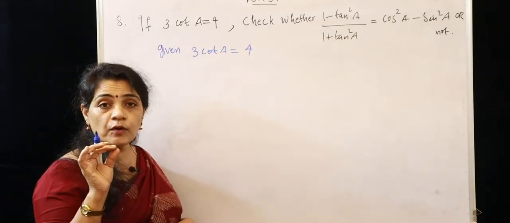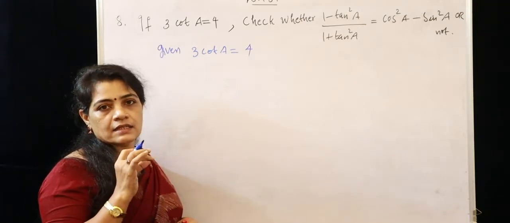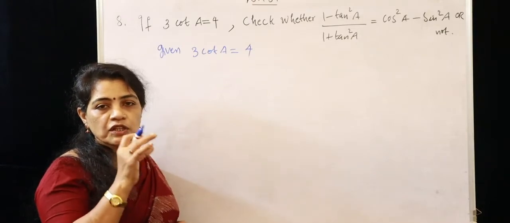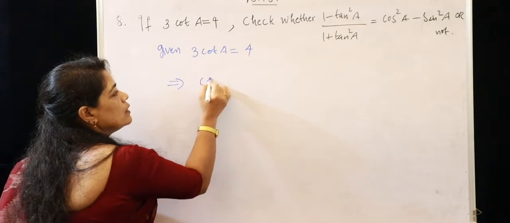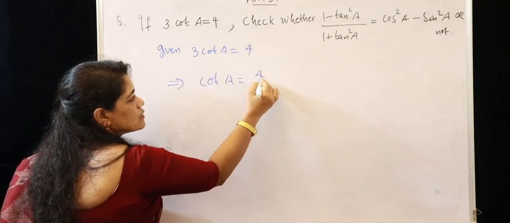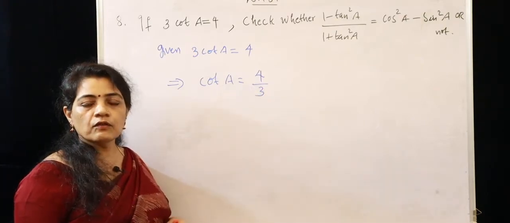Children, a very important point is we have to keep the ratio alone in the LHS. Here in the LHS it is 3 times cot A, so in order to keep the ratio, that is cot A, alone, you have to take this 3 to the RHS under division, so 4 by 3. So what is cot A?